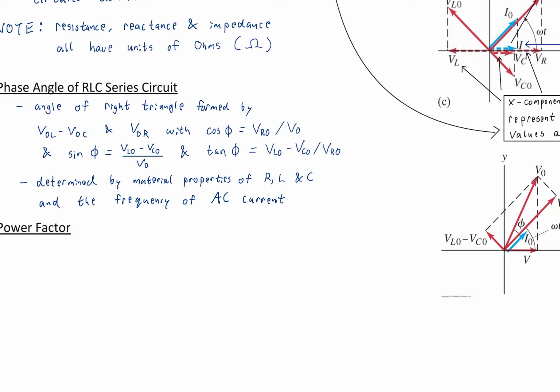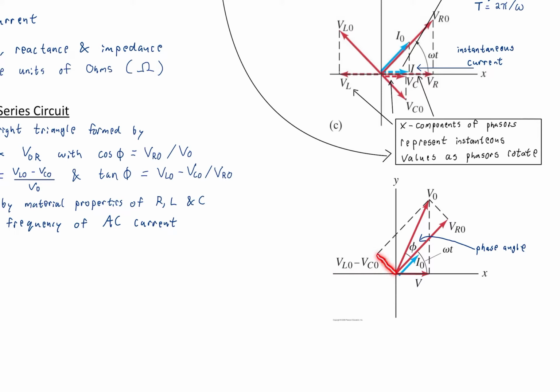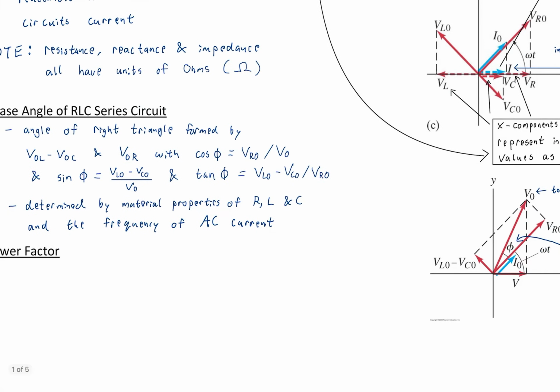So it makes sense to consider the difference between the two and thus have a single phasor, because now that phasor naturally forms the aforementioned right triangle with the phasor for the voltage across the resistor. And that gives us the total voltage across the RLC circuit. Okay, and there is that phase angle.